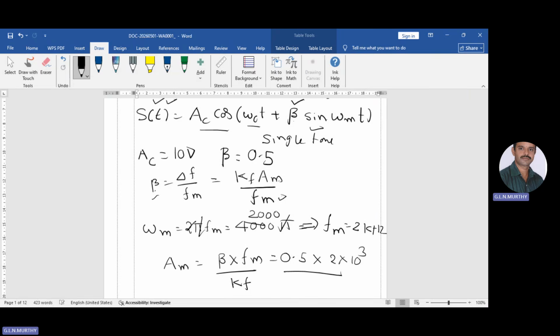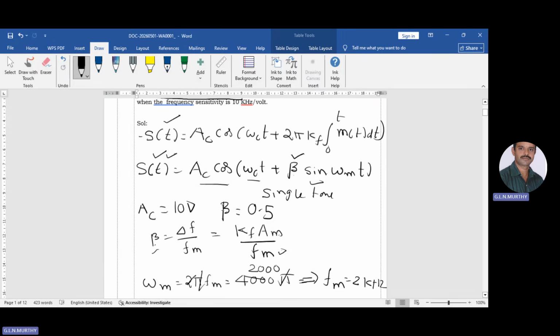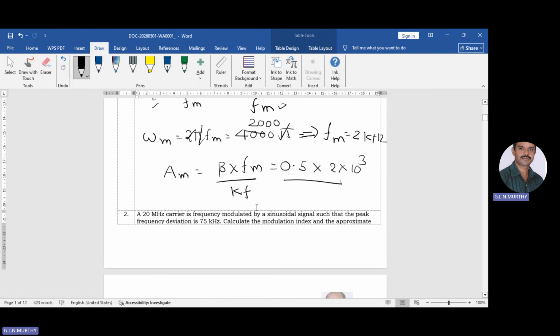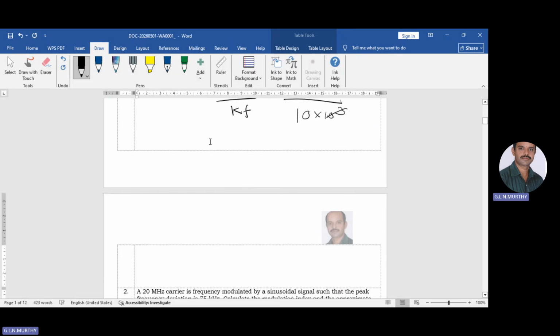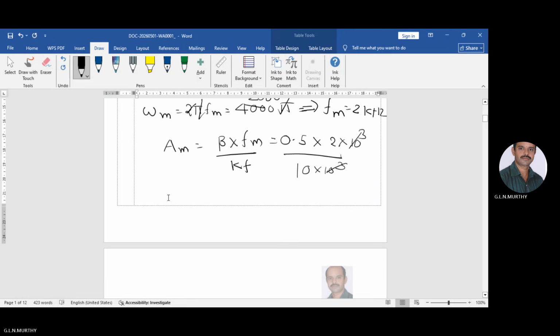And what is the frequency sensitivity? He has given it, we need to see. The frequency sensitivity is 10 kilohertz, so you have 10 into 10^3. 10^3 and 10^3 cancel, right? Let us just, one second, give me time. Okay, so A_m equals 0.5 into 2, 1 by 10. So it is 0.1 volt, right?